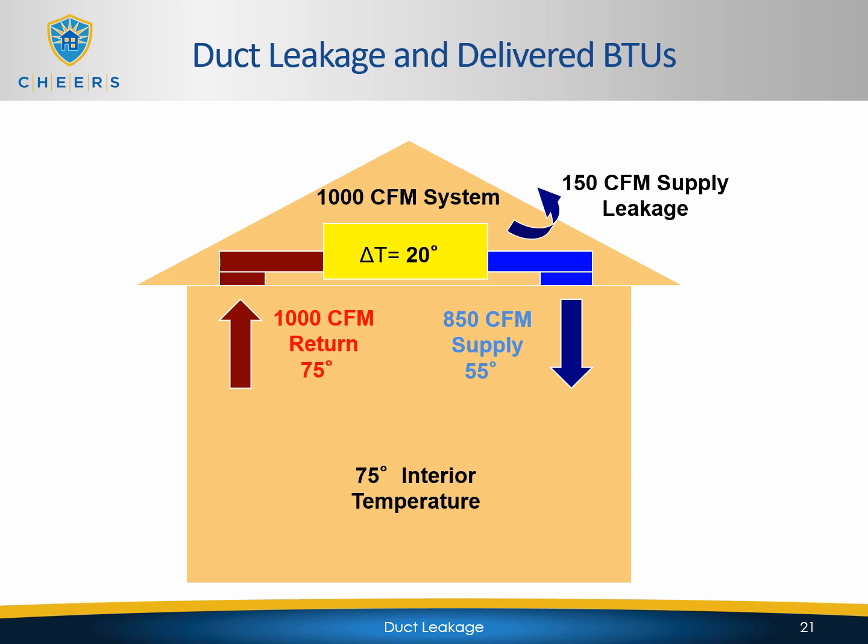So only 850 are supplied into the house, and you're losing 150 somewhere through supply ducts in the attic. If we plug the same numbers into the formula, it's going to be 1.08 times 850, which is the actual supply CFM into the house, times 20, same delta T, equals 18,360 delivered BTUs.